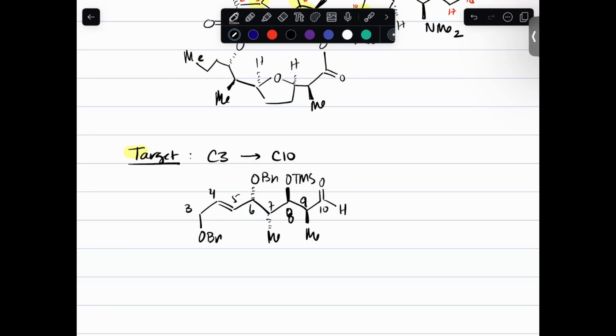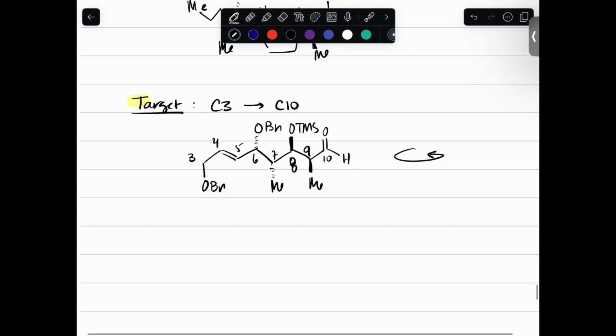And what he does is he flips it over so that carbon 10, your aldehyde, is on the left side as opposed to the right side. So if I redraw it so that my aldehyde is on the left side, then of course my substituents at 9 and 8 are now dashed.